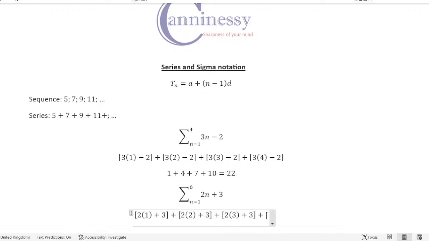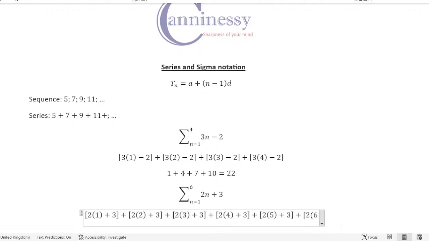open brackets, 2 into the next one, which is going to be 4, plus 3, close brackets, plus, open bracket, 2 into 5, plus 3, close brackets, plus, open square brackets, 2 into the last number to be substituted, which is 6 in terms of n.